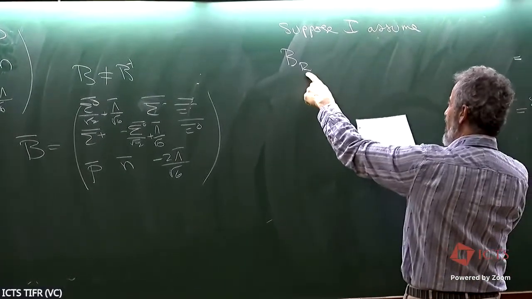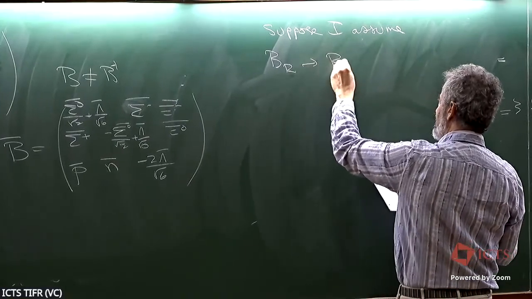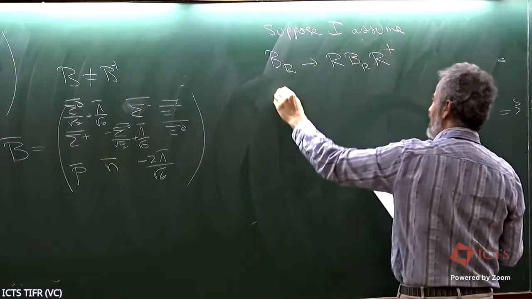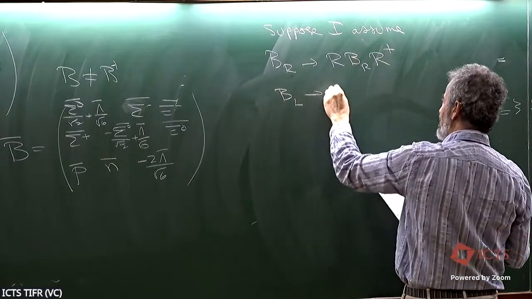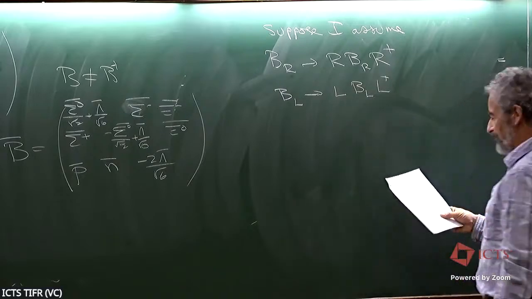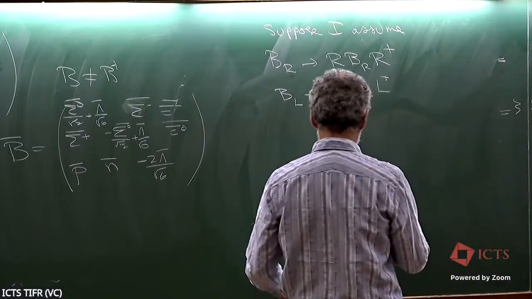Suppose I took the right-handed baryon transforms like a right-handed octet. That seems like a pretty sensible arrangement. And B left transforms like a left-handed octet. Well, then you could come along and say, I'm going to define a new field.